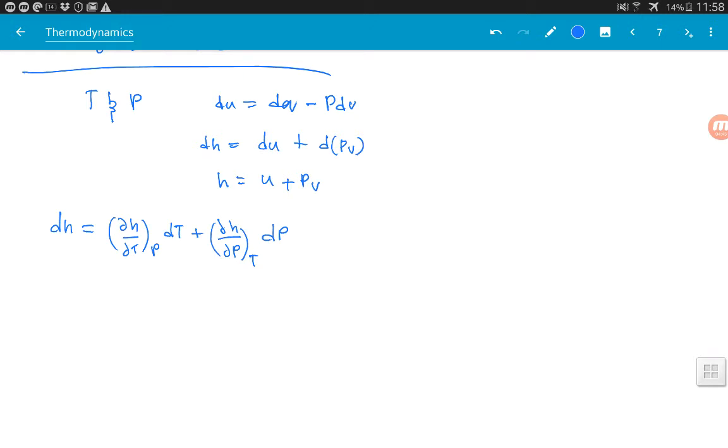Because we need to relate it as well with the internal energy, we will combine these two relations to have an expression of dH instead of dU.